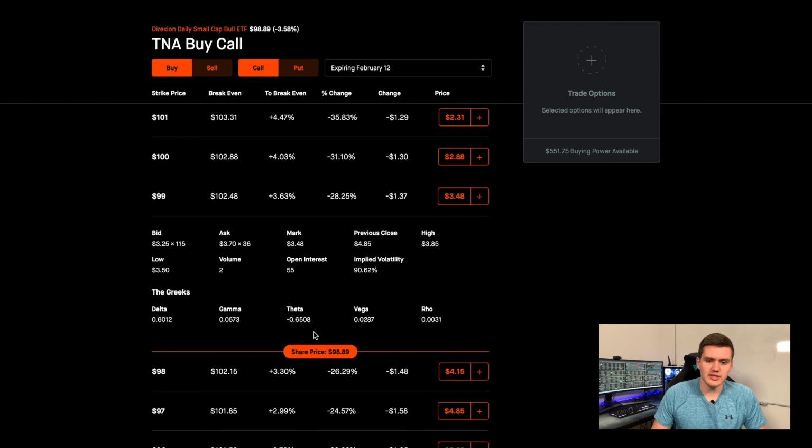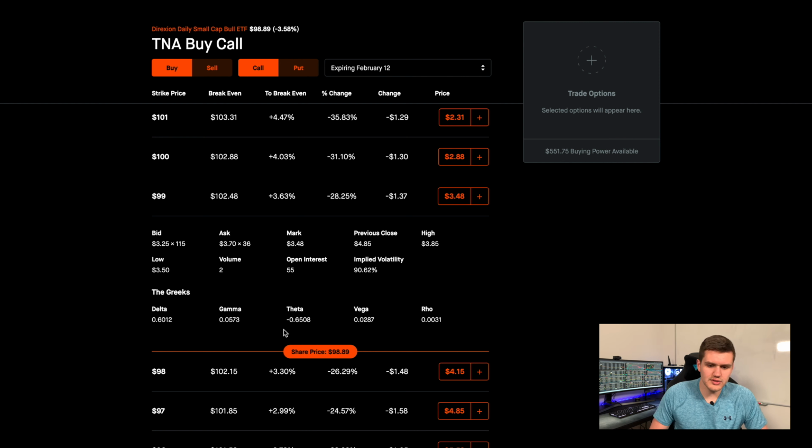Because as we get closer to the expiration date, the time that the underlying shares have to move is limited, so options become less valuable. And that's represented in Theta. Just a few things that you should keep in mind, and I wish I'd learned that when I was starting in your shoes, trading my first option.